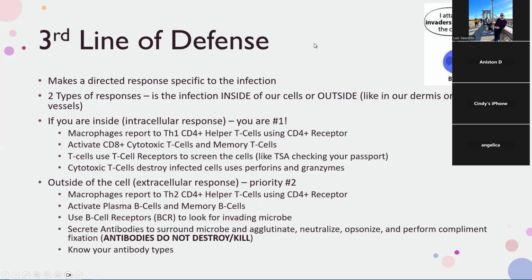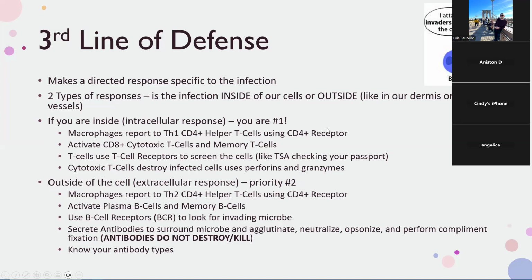And then third line, I think this is still where people struggled, from what I remember talking with Dr. Cotter about, is being able to differentiate your two third line cells. If it's a viral infection, it's going to be an intracellular response, or they'll call it a cellular response or an intracellular response.